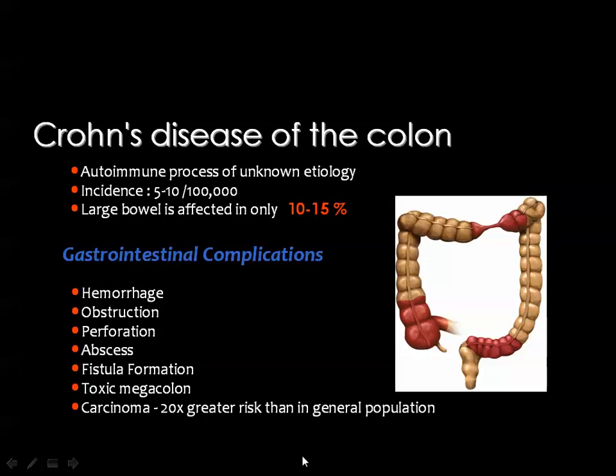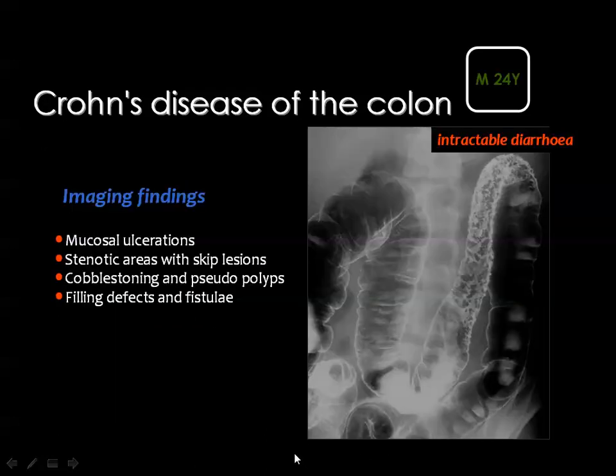Then we come to Crohn's disease, and this disease is more common in the small bowel, but it can affect the colon. About 10 to 15% of the cases with Crohn's disease may affect the colon. These are the complications of Crohn's disease anywhere, like hemorrhage, obstruction, perforation, abscess formation, fistula tract, toxic megacolon, and a marked increase of the risk of carcinoma compared to the general population.